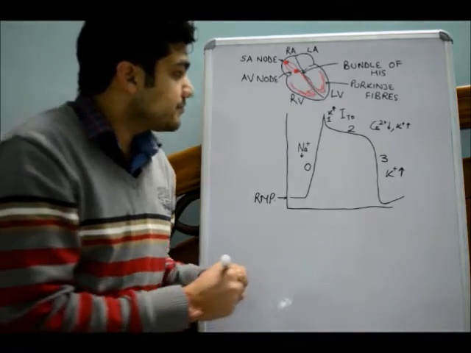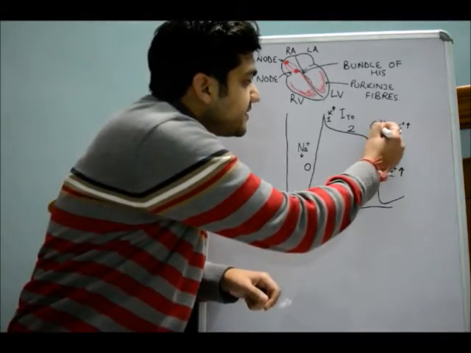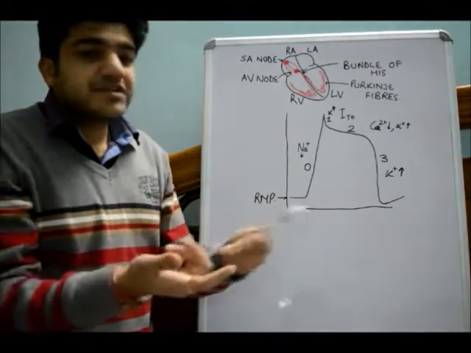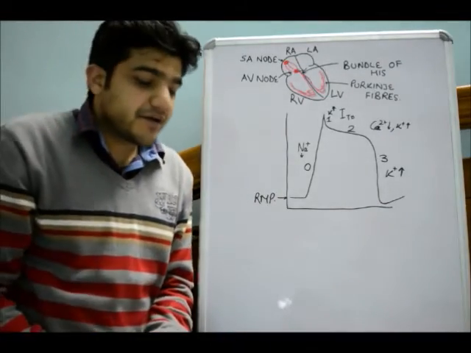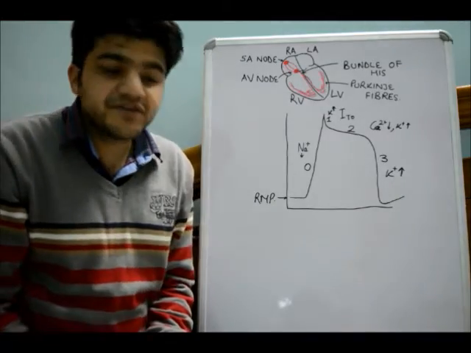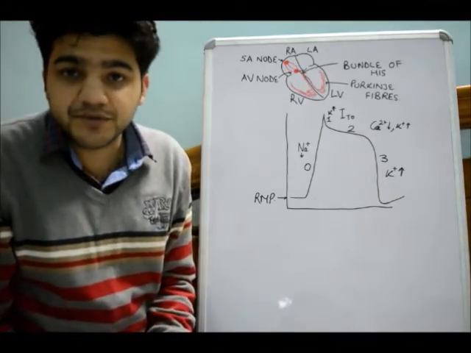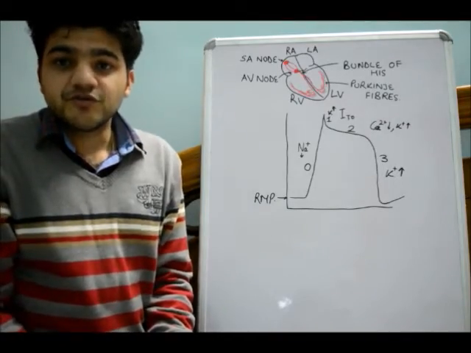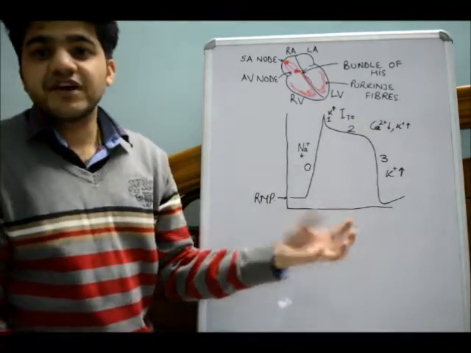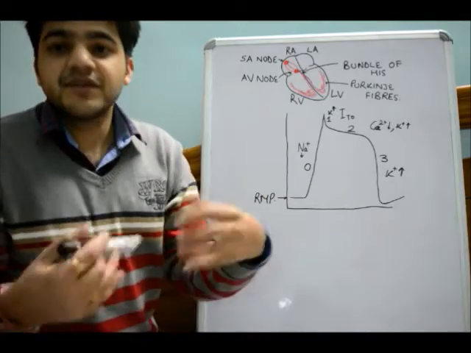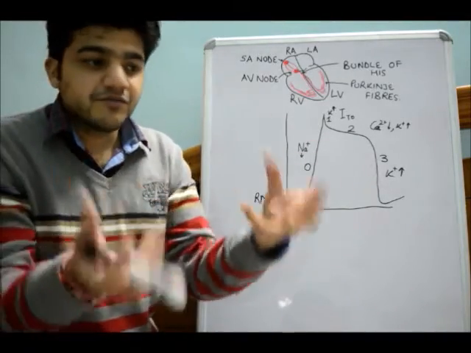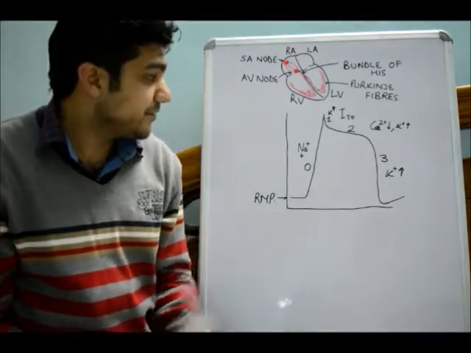So this calcium, with the help of what you can call calcium mediated calcium release, happens by means of a receptor, what we call the ryanodine receptor, which is present on the sarcoplasmic reticulum. So some calcium coming from the outside, some contributed from within the cell, and that leads to a forceful contraction of the myocyte.